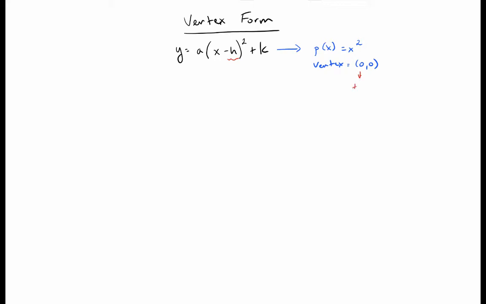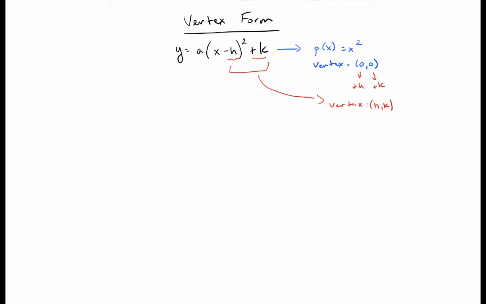So in other words, I'm going to add h there, and a vertical shift of k. So I'm going to add k. And so our vertex for this vertex form is just going to be (h, k). Now, we'll talk about how we can get there if it's not in vertex form and a lot of other things, but I'm just introducing the basics of this form for now.